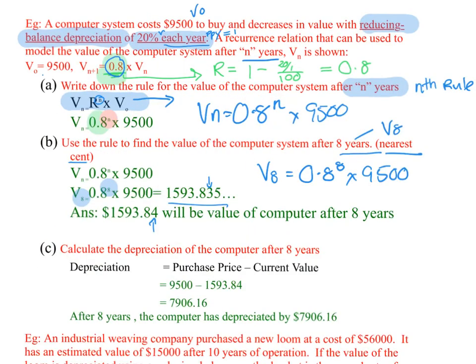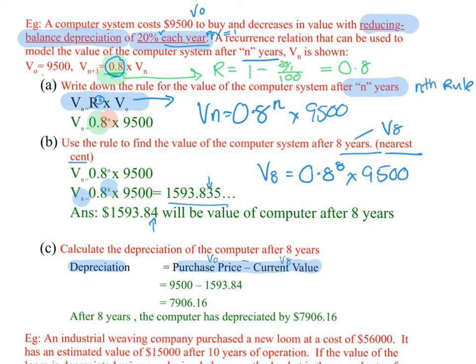Okay, all right, so the next thing they asked me to do is calculate the depreciation of the computer. So what that just means is how much has the value dropped by? So if you look at the formula here, when you're trying to calculate the depreciation, you do the purchase price minus the current value. So really what you're saying there is V0 minus V8, which is the value after 8 years.